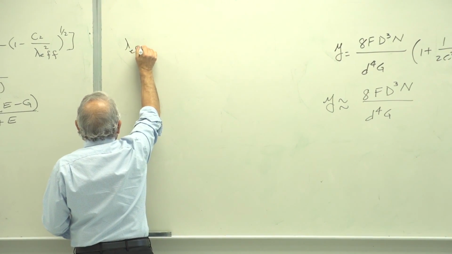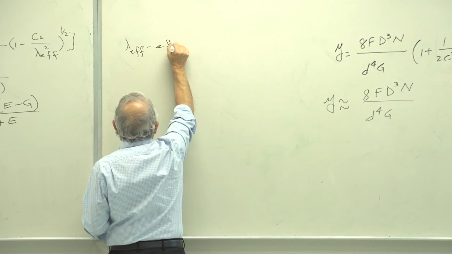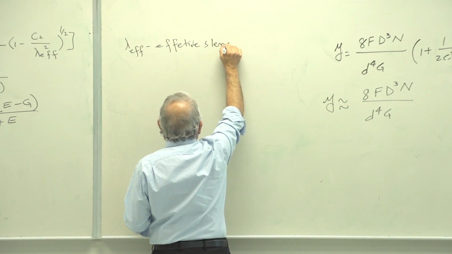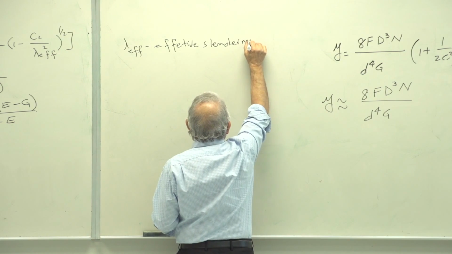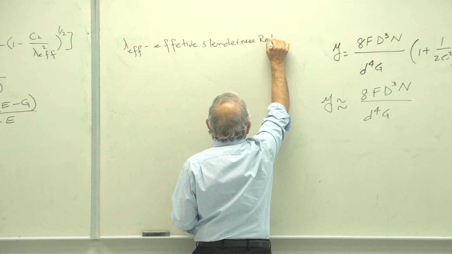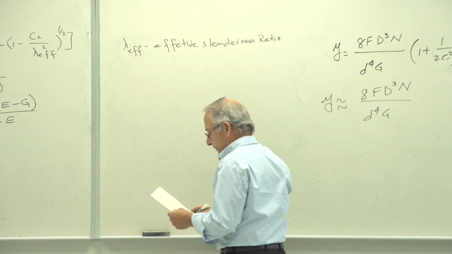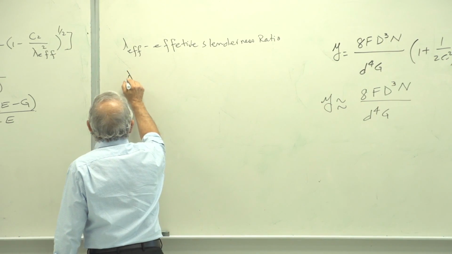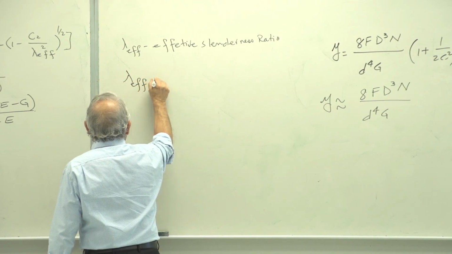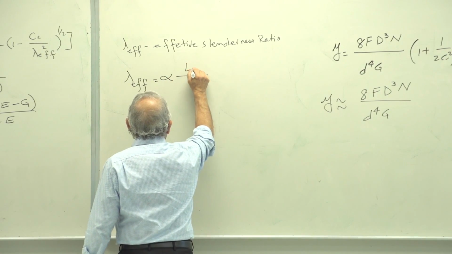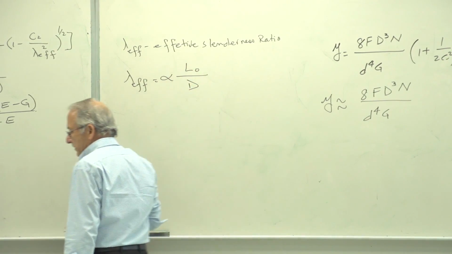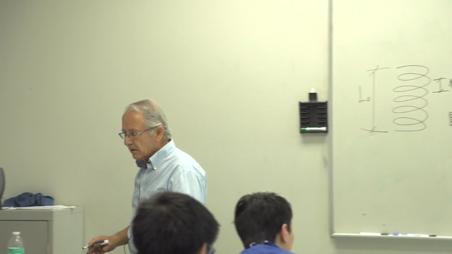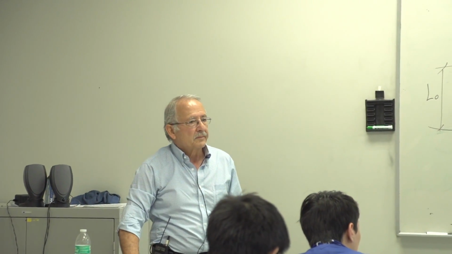And lambda effective is called effective cylinderness ratio. And it's given by alpha L0 over D. Free length divided by the diameter.